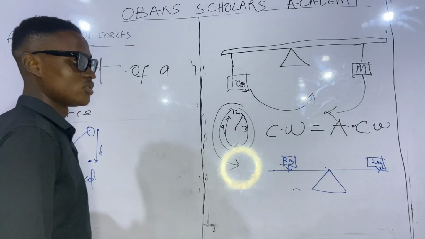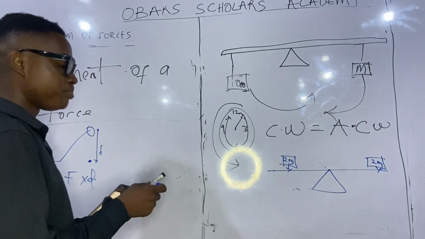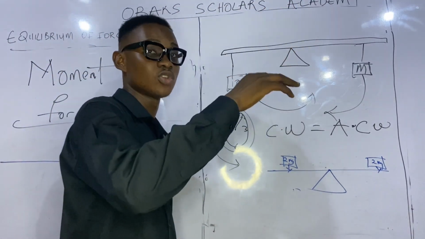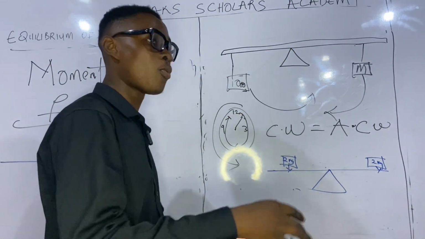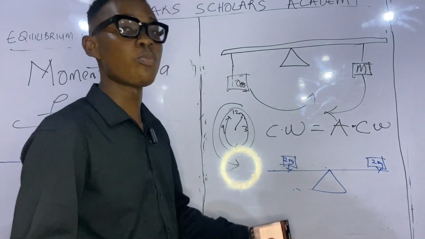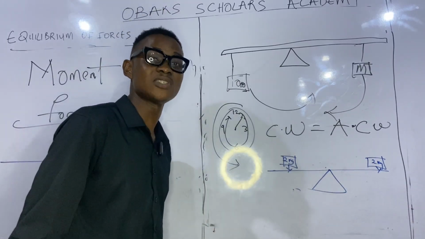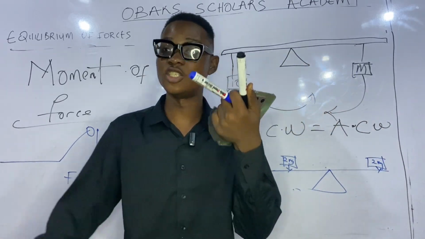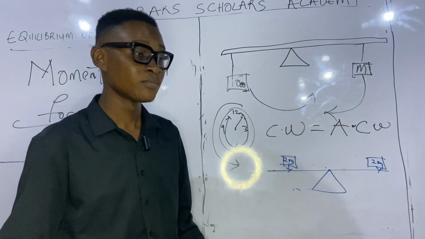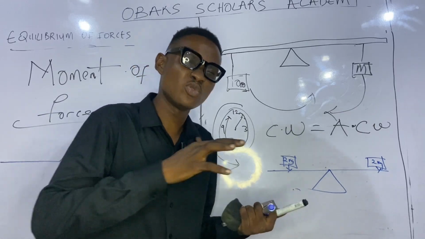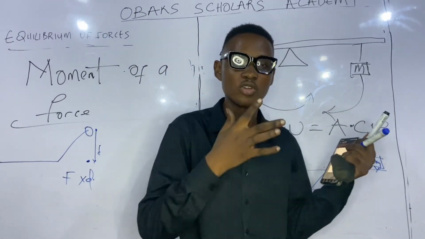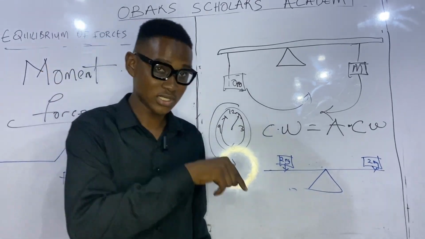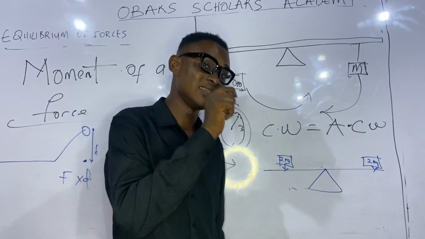You understand? So in the principle of moments, the upward forces must also be equal to the downward forces. Not really upward or downward, but most times it's upward and downward. That is, the sum of forces acting in one direction will be equal to the sum of forces acting in the other direction, if the body is in equilibrium.